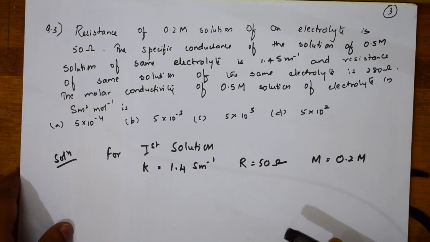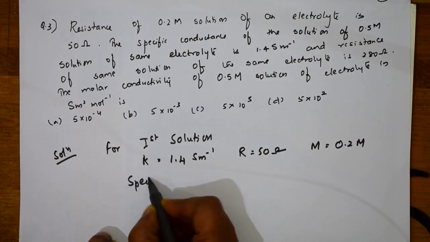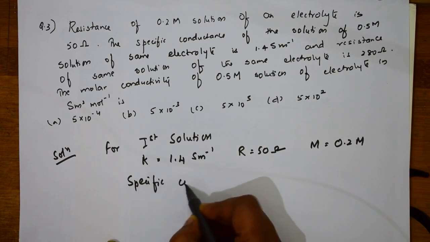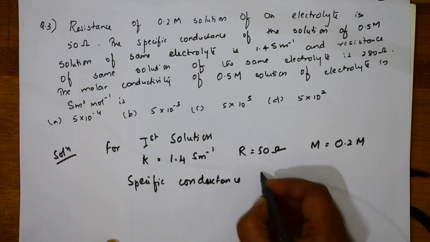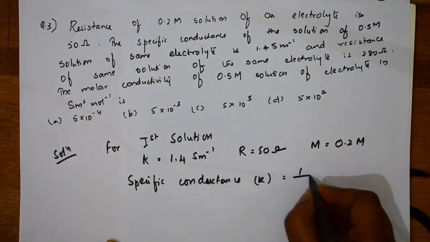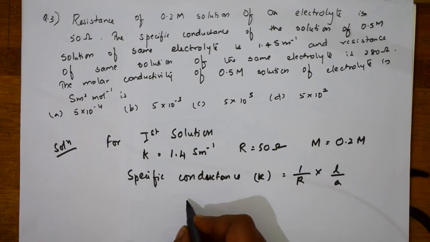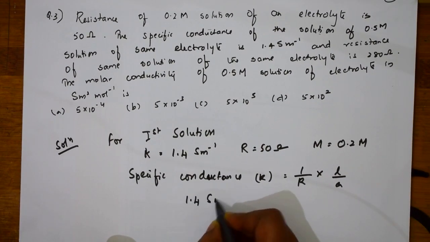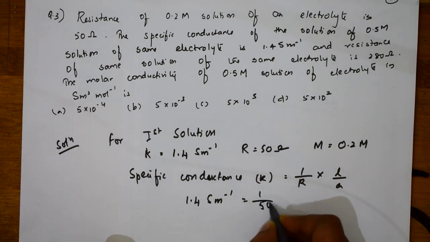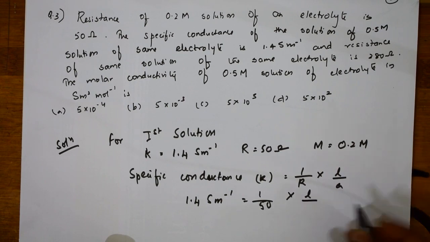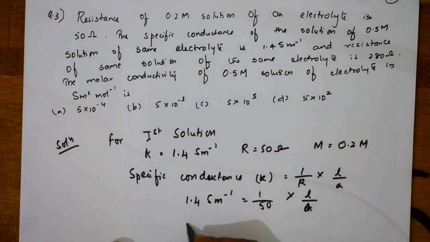Now let me come back. For the first solution, I'll first take the specific conductance. According to the formula, the specific conductance kappa is equal to 1 by R into L by A. What is the kappa value? 1.4 S per meter. And 1 by R is 1 by 50, into L by A. Because I don't know L by A, the cell constant, take that L by A outside.